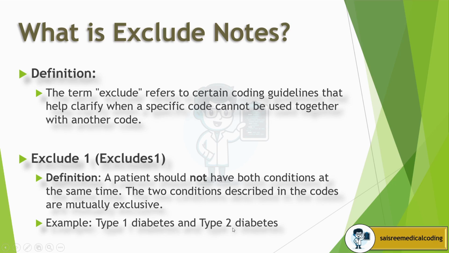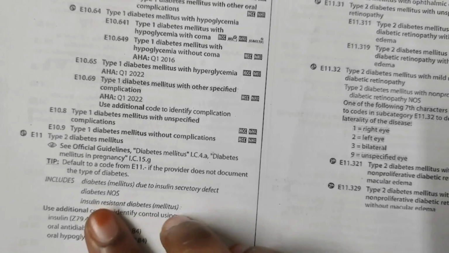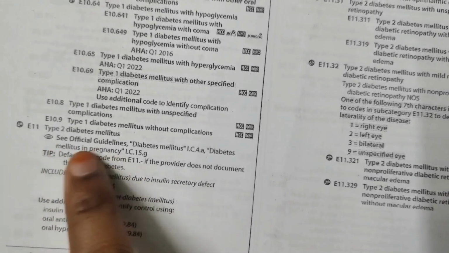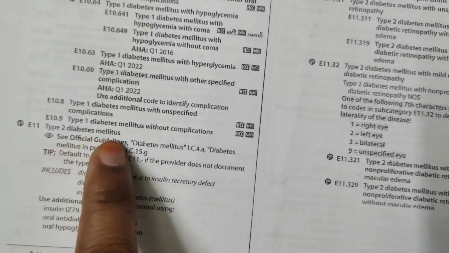So we'll see how I can find this particular exclude 1. I can find the exclude 1 concept in our tabular list. I'll show you why these two conditions cannot be captured together. See here, what is the main code we have? Type 2 diabetes mellitus.